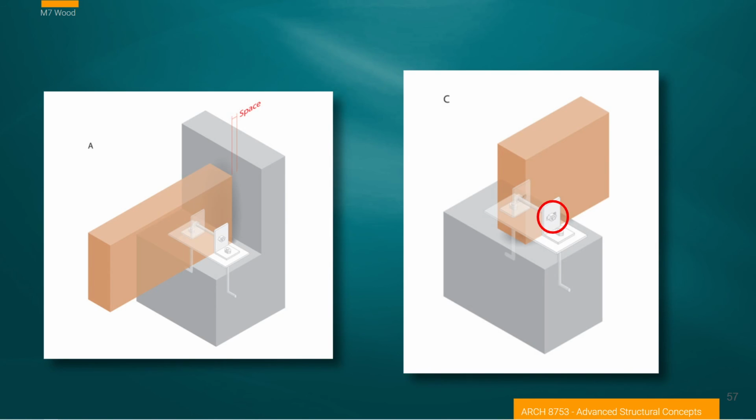And in steel, we deal with it a bit differently. Most of the time when we're using steel, it's always steel to steel, so everything is expanding and contracting at the same rate.